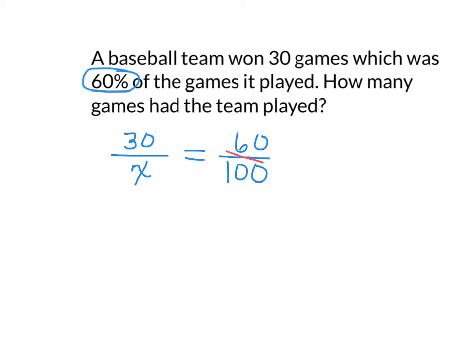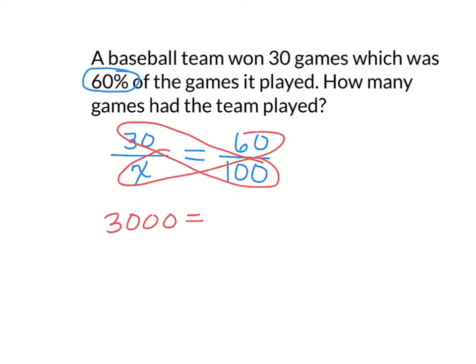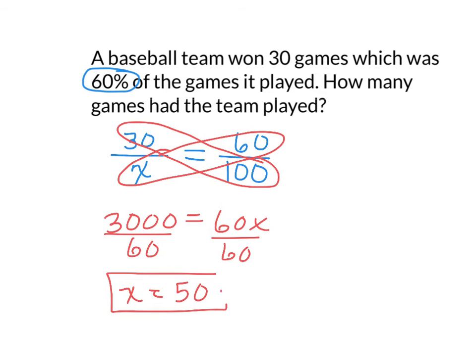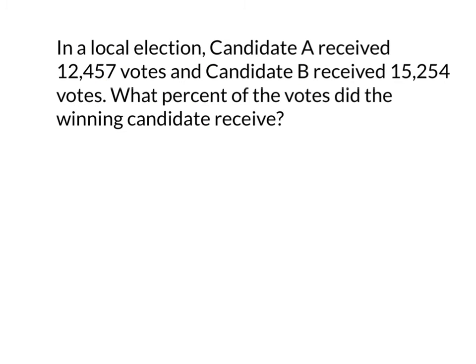And again, I cross multiply. 30 times 100 equals 60 times x. And then I'll divide by that 60. And I believe if I divide that out, I get 50. So the team had played 50 games and won 30 of them. Part over whole equals percent over 100.